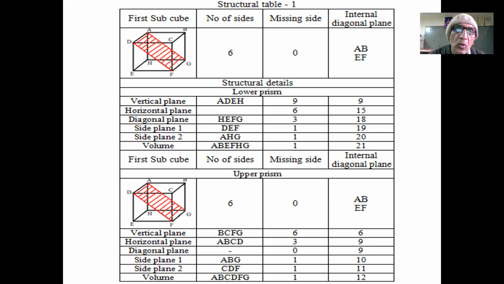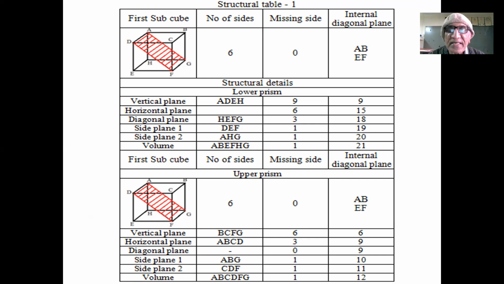Now, let us visit both these prisms distinctively as lower prism and upper prism. Each prism has 6 distinct surface plates: vertical plane, horizontal plane, diagonal plane, pair of sides planes, and the volume folded within these frames.